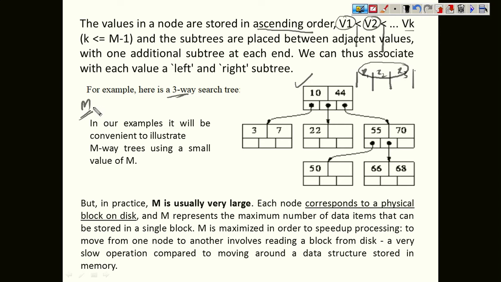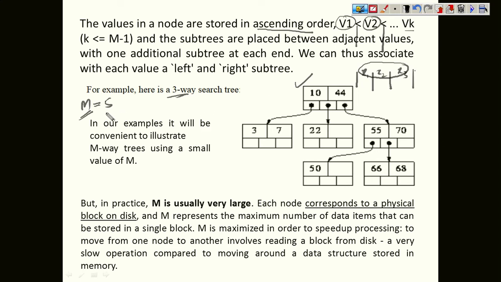So if M is 3, then a node can contain 3 subtrees with 2 key values. If M equals 5, that means the node can contain 5 subtrees and each node will have 4 values.